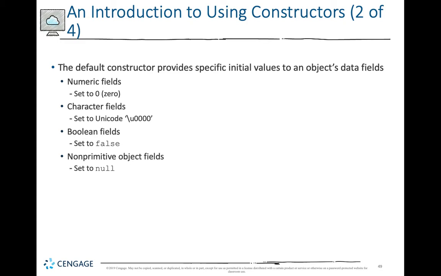If it's an object, it initializes the object to null. So if you have a private member variable in your class that's actually from another class you created, when the constructor creates the overall class, it initializes that object to null. If you have a char field, it is initialized to this unreadable Unicode statement here.